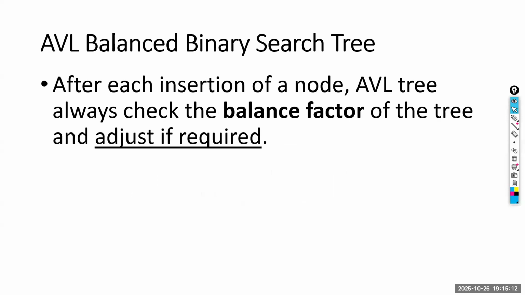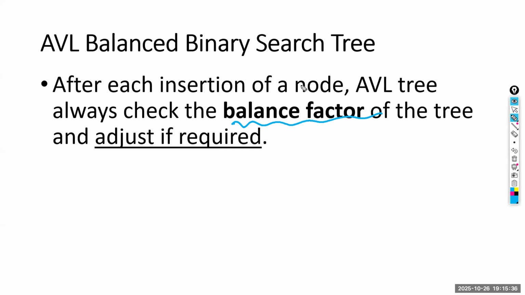Right. So how does an AVL balanced binary search tree work, or how do we build one? We use a concept called balance factor. If the balance factor is satisfied, we don't do any adjusting.